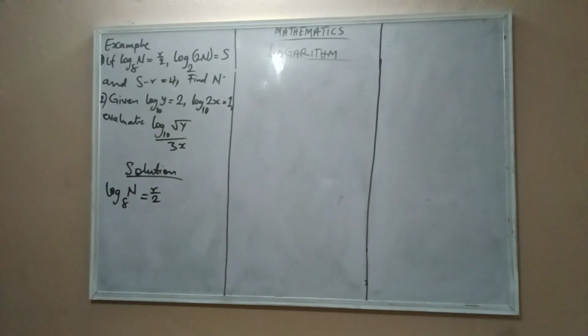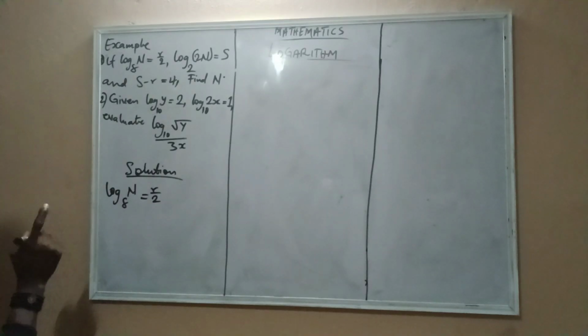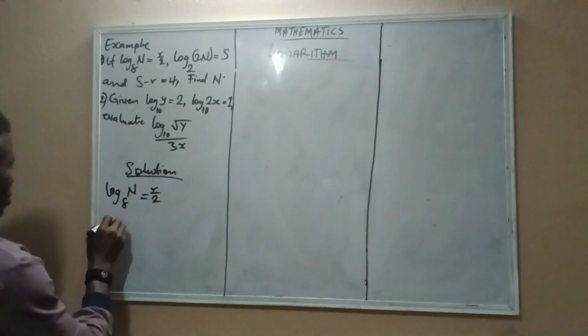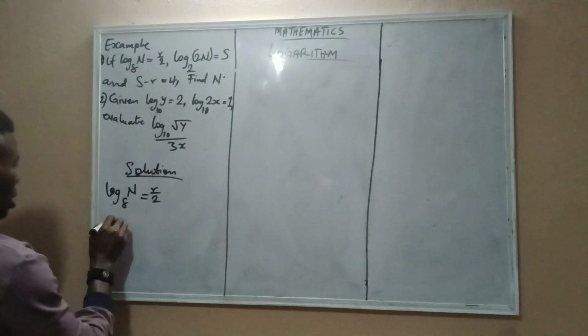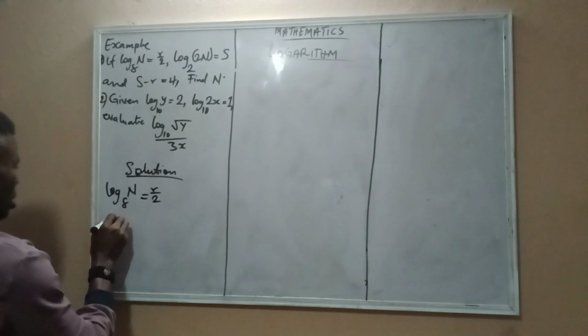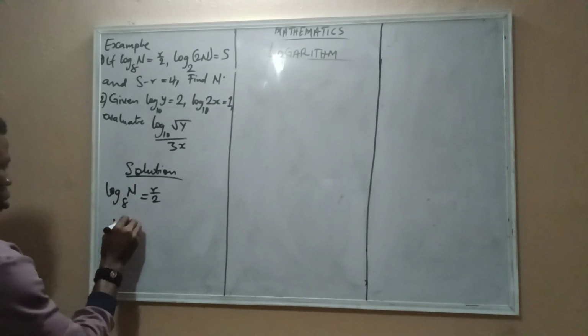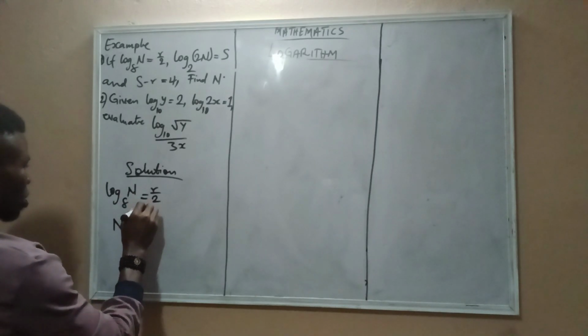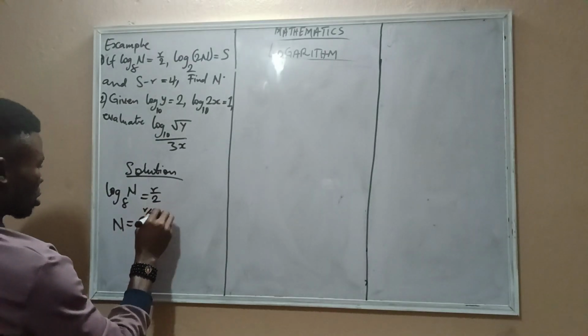Then from this expression, of course we know from the definition of log reading that n will be equal to 8 to the power of r over 2.